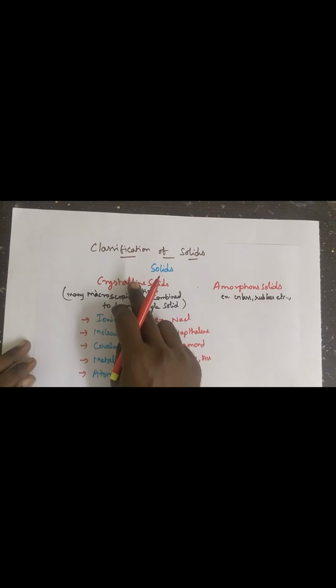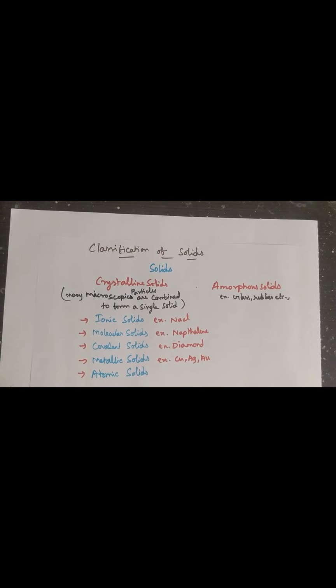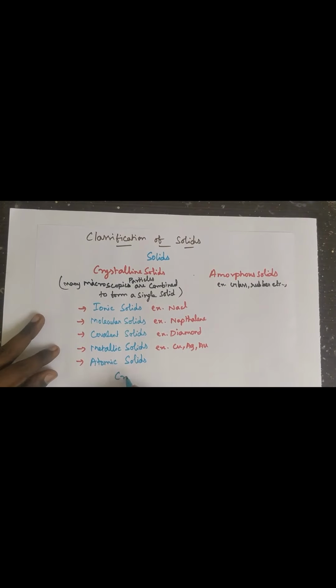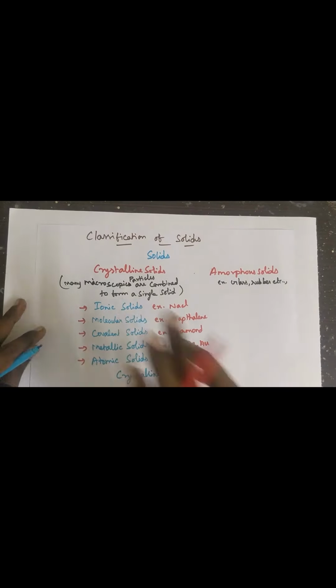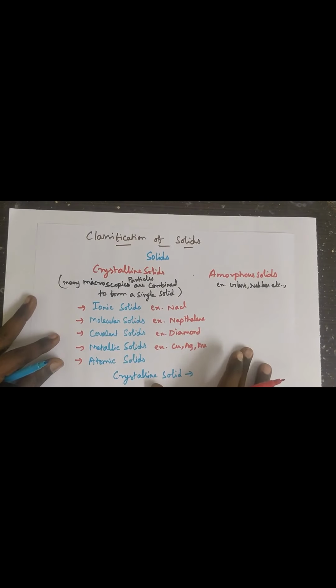Next we will see the difference between crystalline solid and amorphous solid. Before that, what is meant by crystalline solid? I have already given an example: many microscopic particles combined to form a single solid.